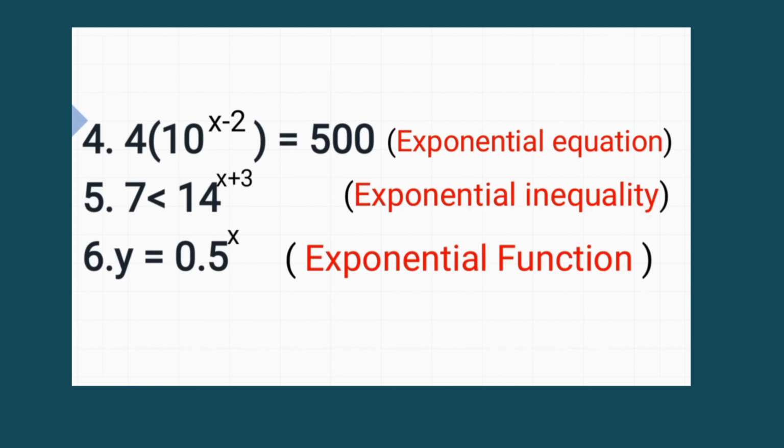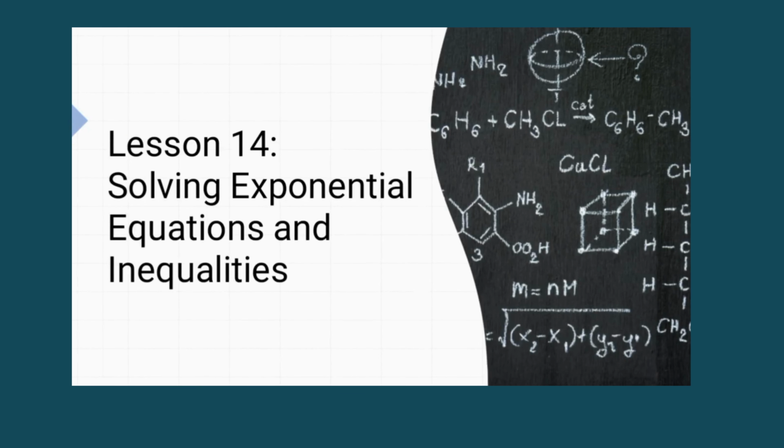This is an example of exponential equation. So next, 7 is less than 14 raised to x plus 3, an example of exponential inequality. y is equal to 0.5 raised to x is an example of exponential function. So let's now proceed to the lesson.